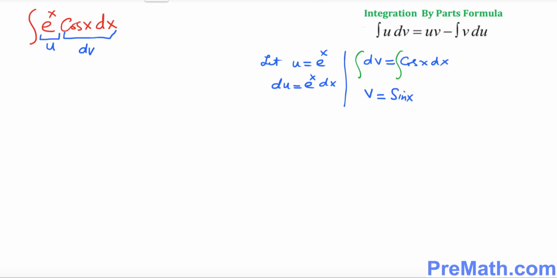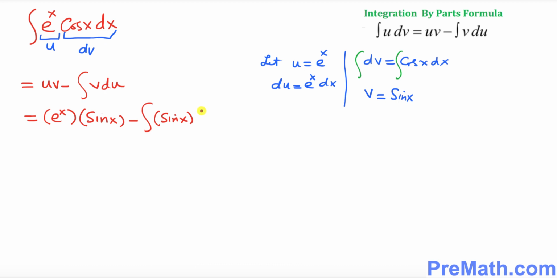So what we got is, over here I can write this one as uv minus integral of v du. Let's go ahead and plug it in. That's going to be u, which in our case is e power x, times v, which is sine of x, minus the integral of v, which we know is sine of x, times du, which is e power x dx.